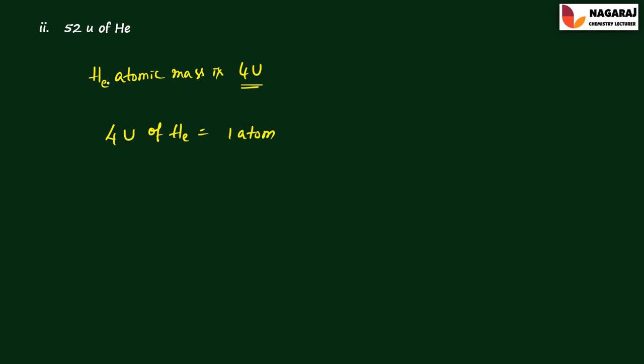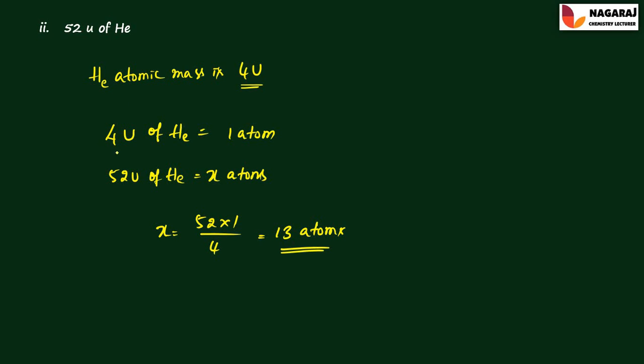So 1 atom of helium has 4 unified mass. So 52 U of helium contains X atoms, right? So X is equal to 52 into 1 divided by 4. So on simplification it gives 13 atoms. So 4 U of helium contains 1 atom and 52 U of helium contains 13 atoms.